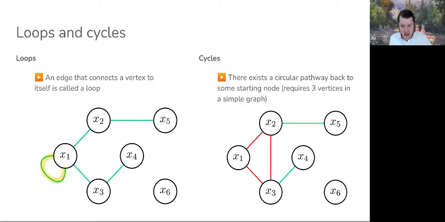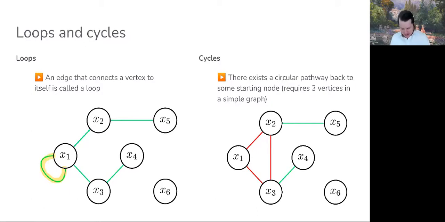Now a cycle is going to have a more involved kind of definition here than this idea of self-connection. A cycle we're going to define here, a little bit hand-wavy to stray away from the mathematical definition, is that there exists a circular path back to some starting node. And we're going to say that in a simple graph, such a pathway must have at least three vertices involved in it.